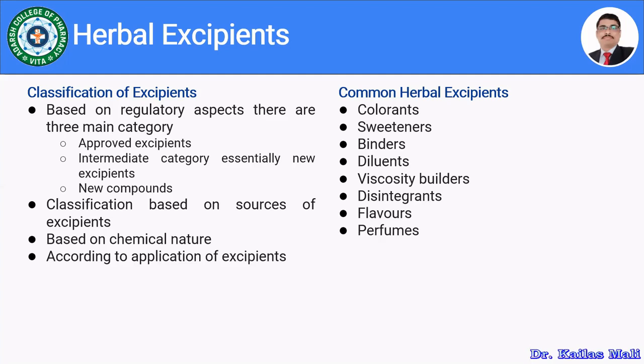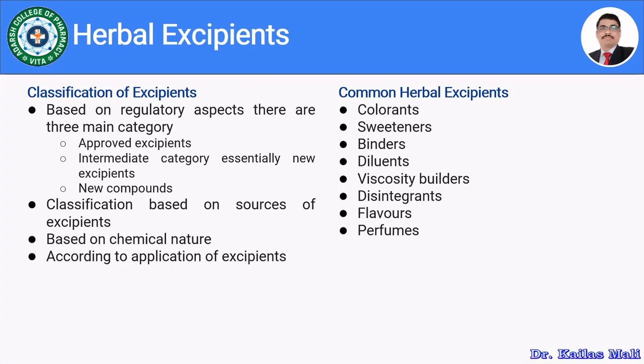According to regulatory aspect, it is further classified as approved excipient, intermediate category, essentially new excipient, and new compounds which are going to act as an excipient. Furthermore, we can classify according to the source, the chemical nature of the excipient, and according to their application.